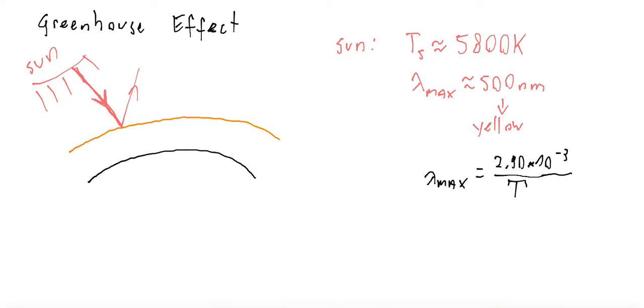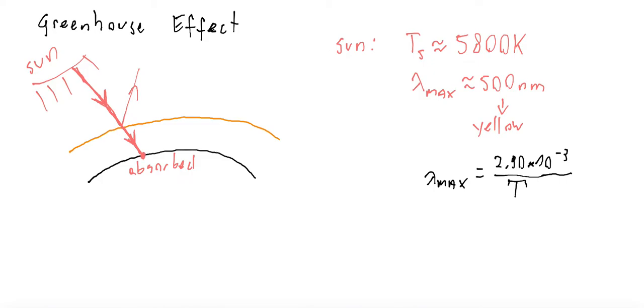Okay, and this radiation travels through the atmosphere. Of course, part is reflected by the atmosphere, but we are not interested in this. And this radiation is absorbed, and again, not all of it. Part is reflected by the Earth's surface, but we are interested only in radiation which is absorbed by the Earth.